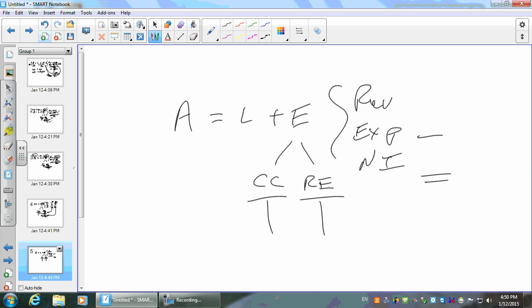I want to know expenses. What do I know? Contributed capital at the end is 40 and it was nothing at the beginning. Revenues 180. Assets 130. 5,000 dividends. Liabilities are 80. Is that everything? What was beginning retained earnings?